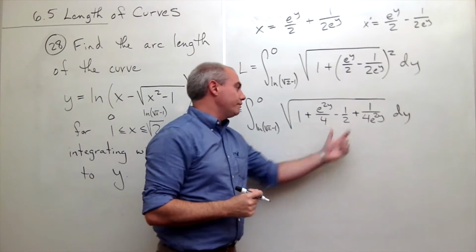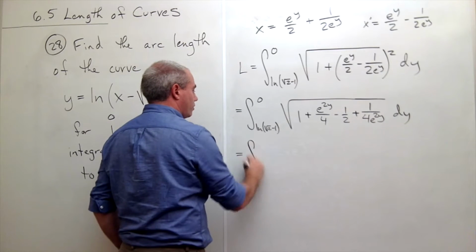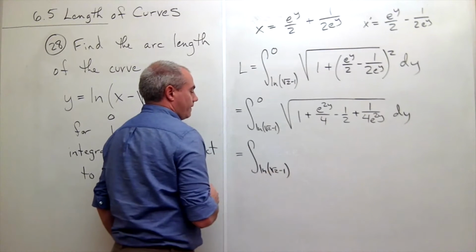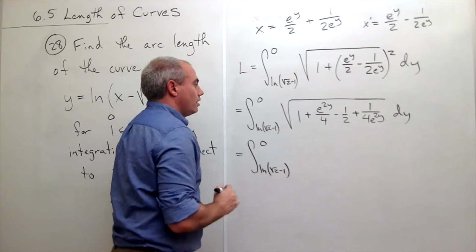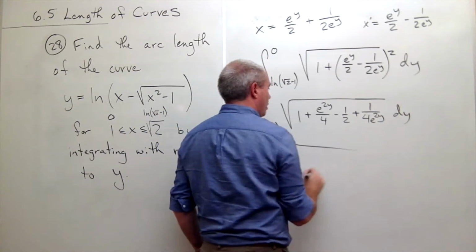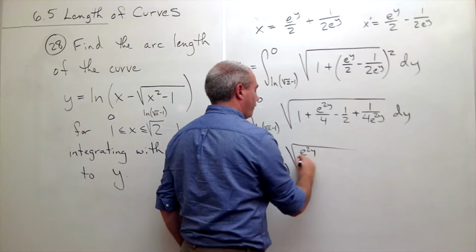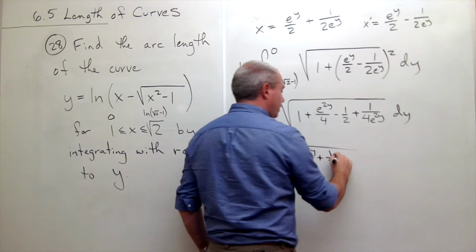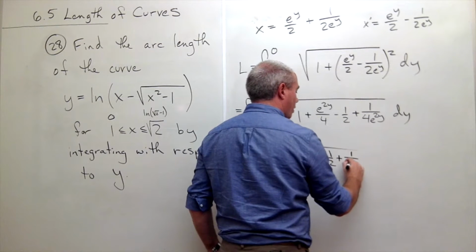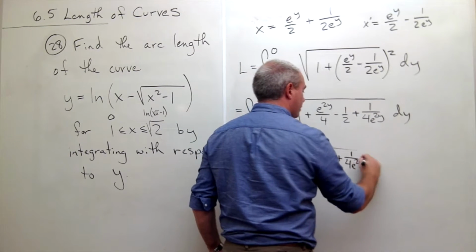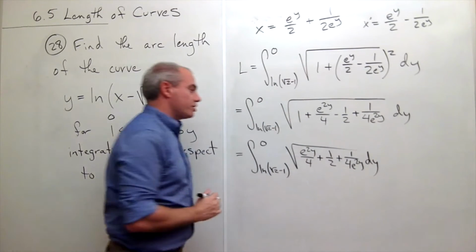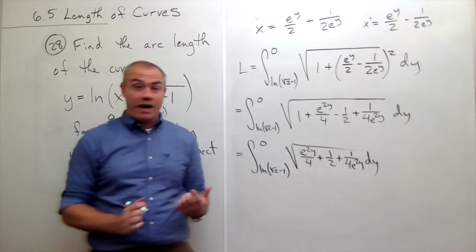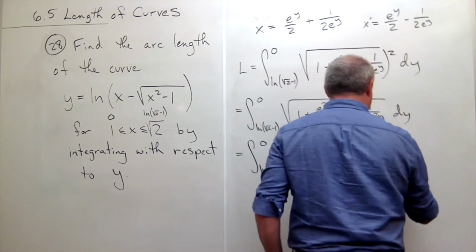This can be rewritten. This is the integral from ln of square root 2 minus 1 to 0 of the square root of e to the 2y over 4 plus 1/2 plus 1 over 4 e to the 2y, dy. And it just so happens that what is under the radical is a perfect square. So let's rewrite it as a perfect square.